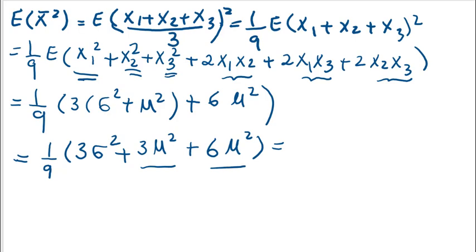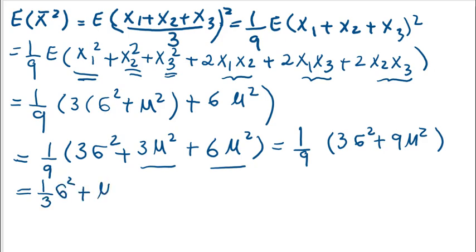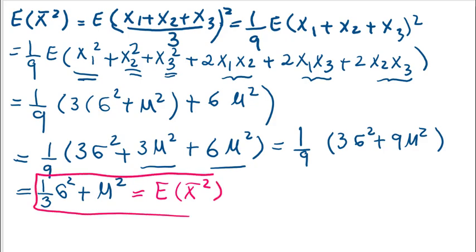So it would be 1/9 (3 sigma squared plus 9 mu squared), which will be equal to 1/3 sigma squared plus mu squared. So the whole lot of this slide is just expectation of x bar squared will be equal to this one. This is equal to expectation of x bar squared. Okay?